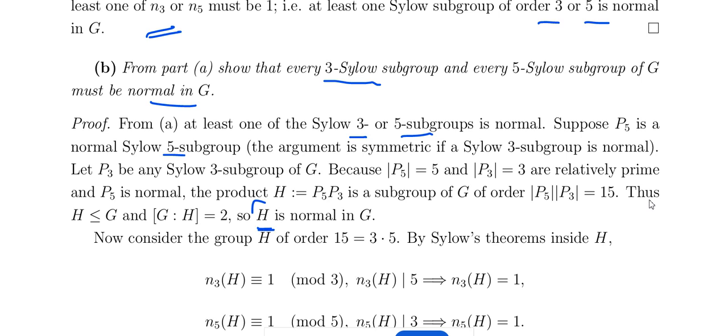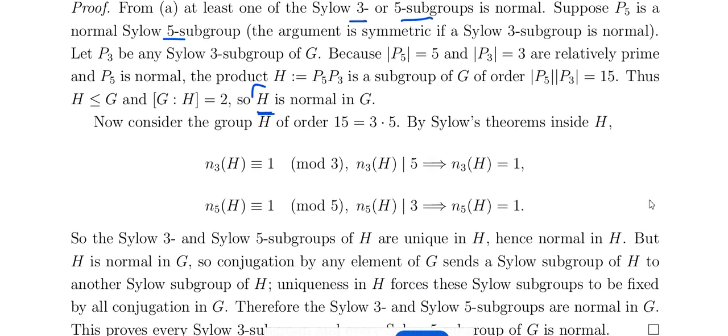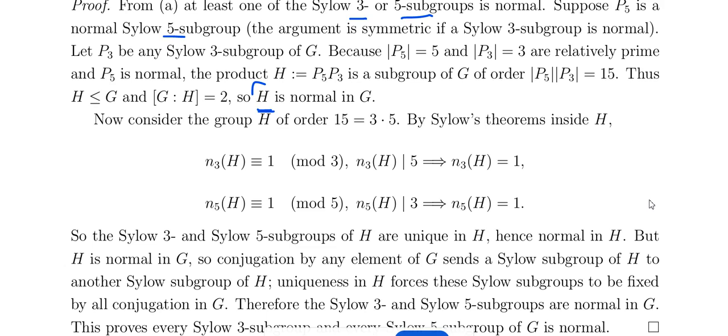So H is normal. Now the group H of order 15, that is 3 into 5, by Sylow's theorem inside H, you have to find n3 of H, the number of 3 Sylow subgroups, congruent to 1 plus 3k, which divides 5.